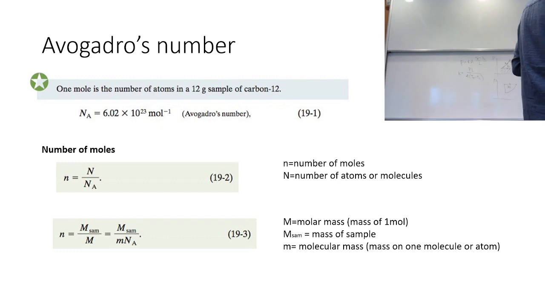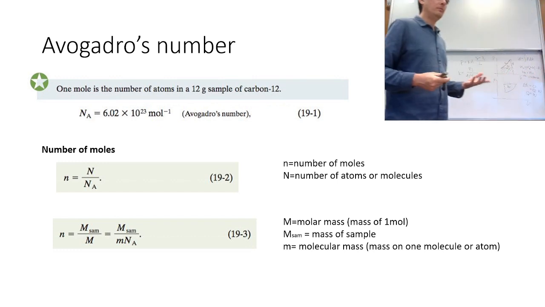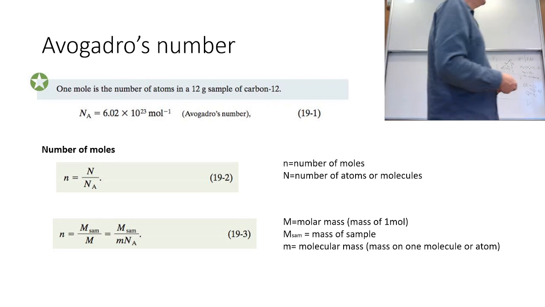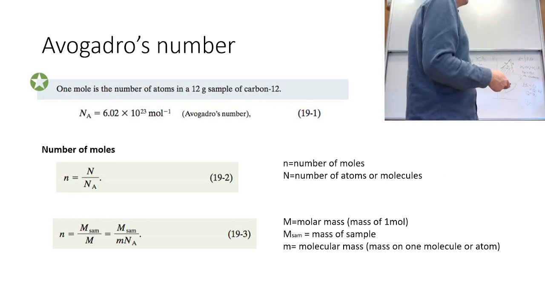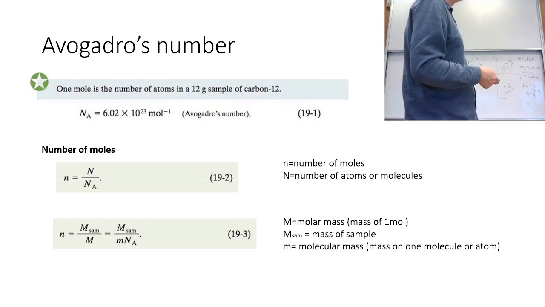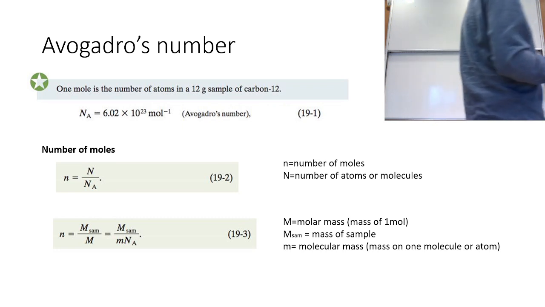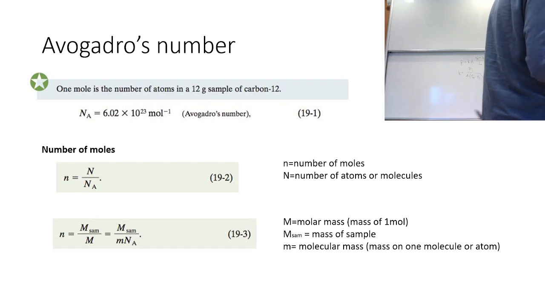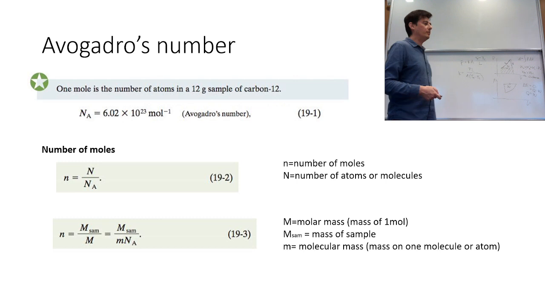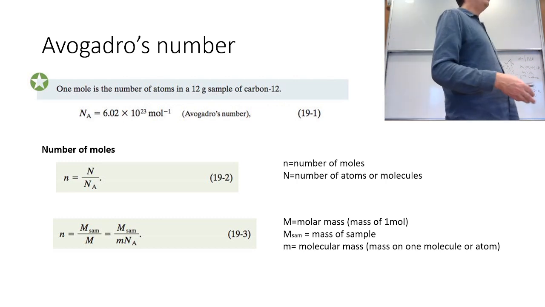Because we're going to be talking about molecules and atoms, we should get some definitions straight. You probably already know this very well from chemistry, but Avogadro's number is just a convenient unit of number of atoms.